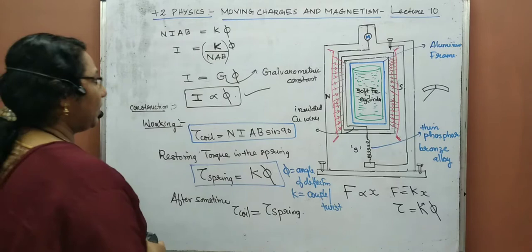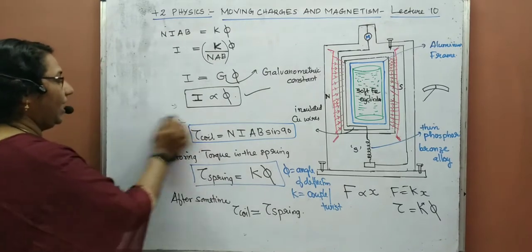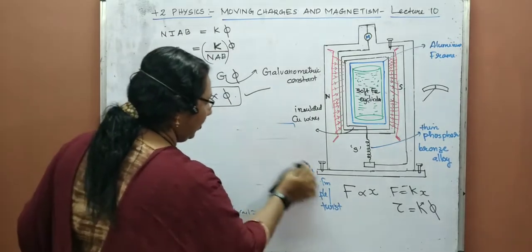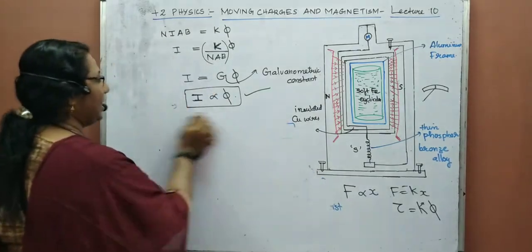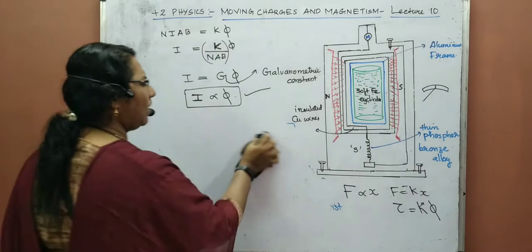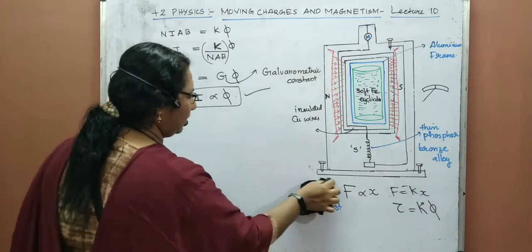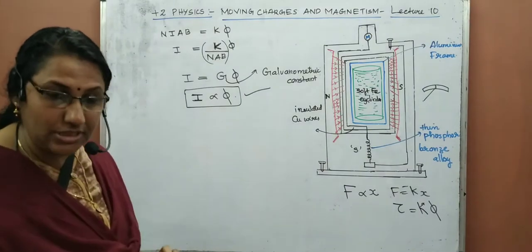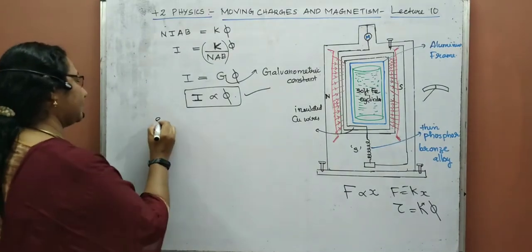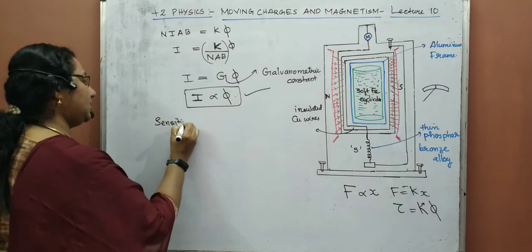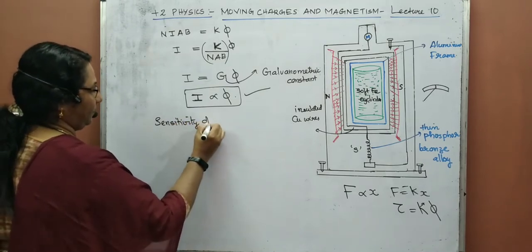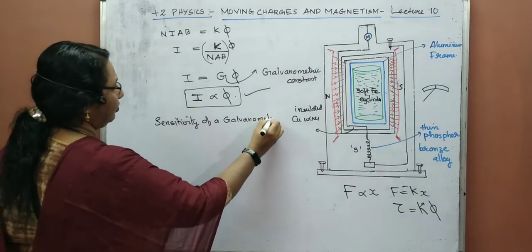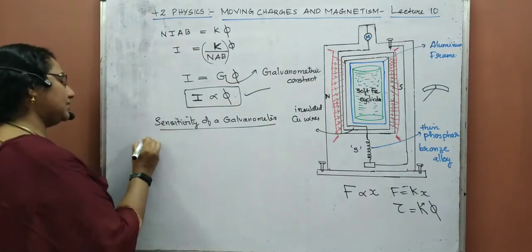So this is the purpose of a galvanometer. And a good galvanometer will be highly sensitive. Even a very small amount of current may be detected by the galvanometer. So we are going to the sensitivity of a moving coil galvanometer. At first we are going to current sensitivity.